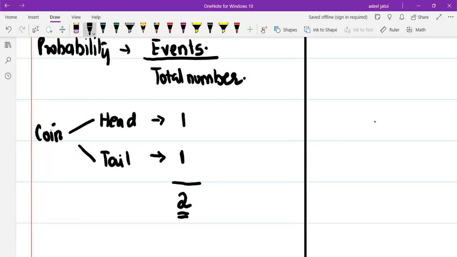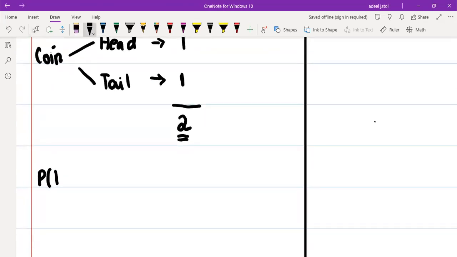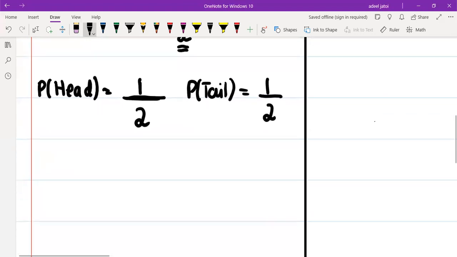So to have the probability of head, how many events of head do we have? 1. Out of how many total? 2. Similarly, the probability of tail will also be 1 upon 2, because tail has only one side, out of a total of 2.